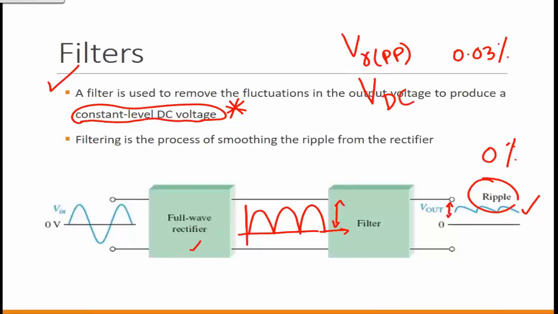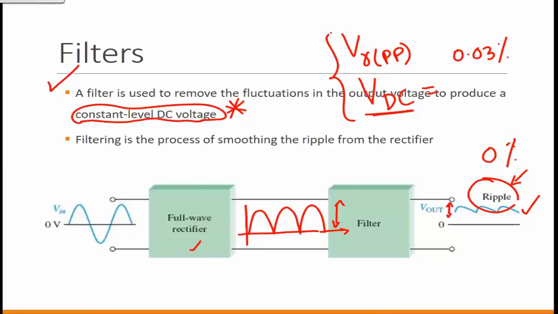And if you take the ratio of these two, then you will get a ripple factor, which, when you need a percentage, you multiply by 100. It's pretty much the importance given to these two because the ripple factor is just the ratio of them. So what is this VR peak to peak and what is this VDC? Remember that in our application, we are trying to see how much DC voltage we are getting. So this formula is able to tell us exactly how much DC voltage we are looking at.